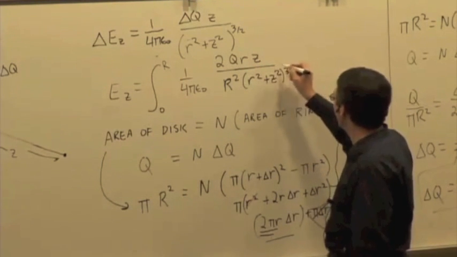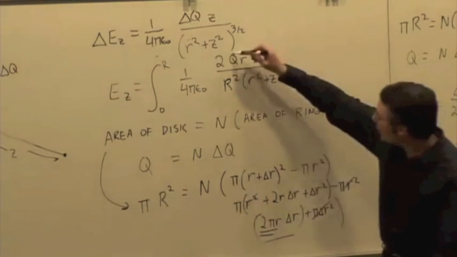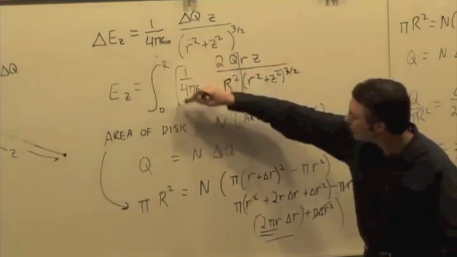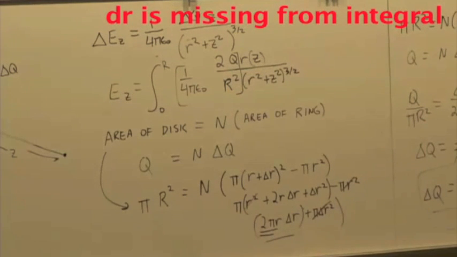Okay, so it looks pretty ugly. But a lot of stuff is a constant. Basically, all this is a constant, and the z is a constant. So you're integrating r over r squared plus z squared to the 3 halves.